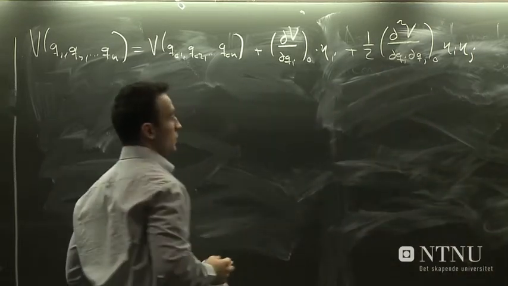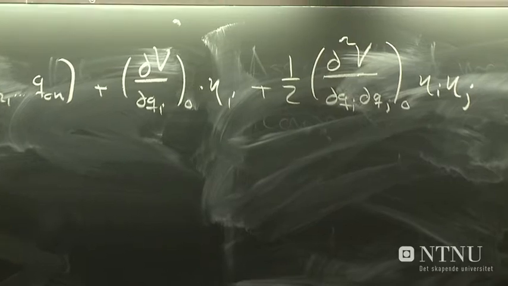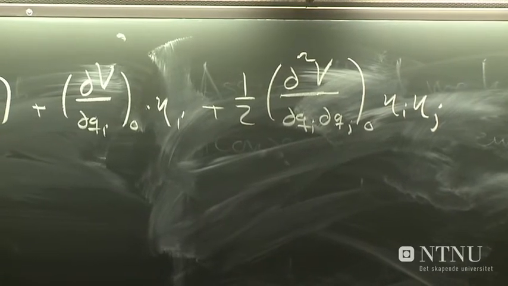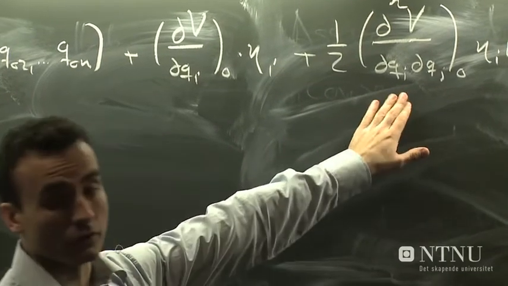So this will be the second order correction, just the second partial derivative. Note that we've used the sum convention here. We have repeated indices, implying that we have a double sum over i and j there.